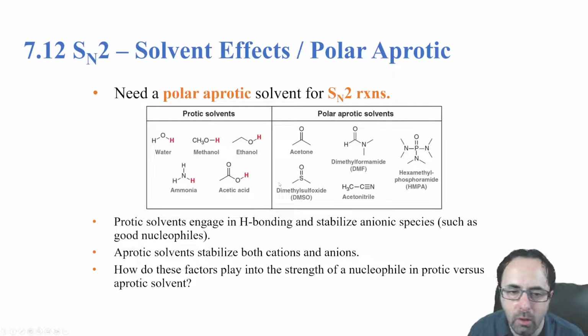Again, going back to solvents, remember that if we want an SN1 reaction to be favored, we should use a protic solvent because that will stabilize the carbocation intermediate. If we want an SN2 reaction, we want an aprotic solvent.